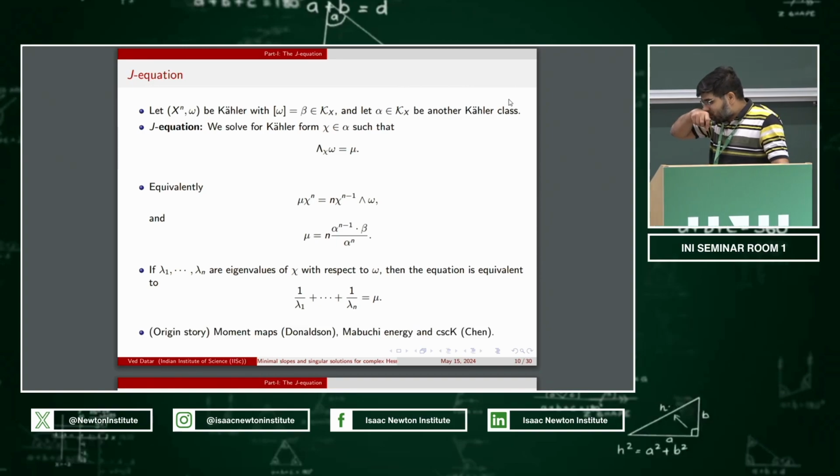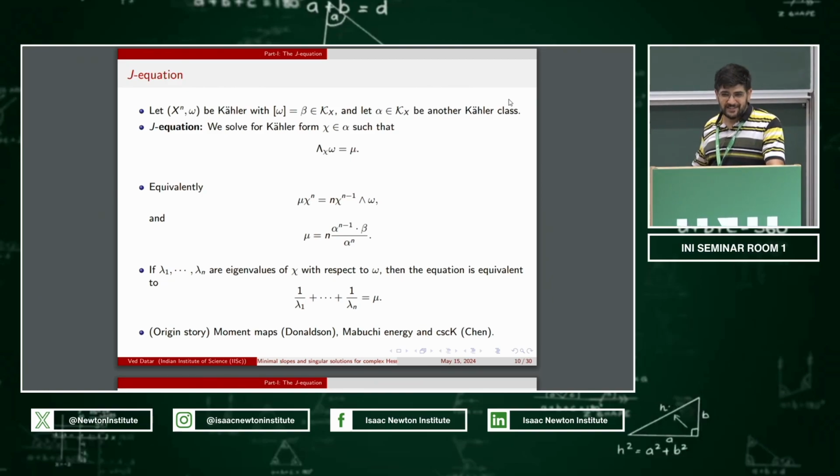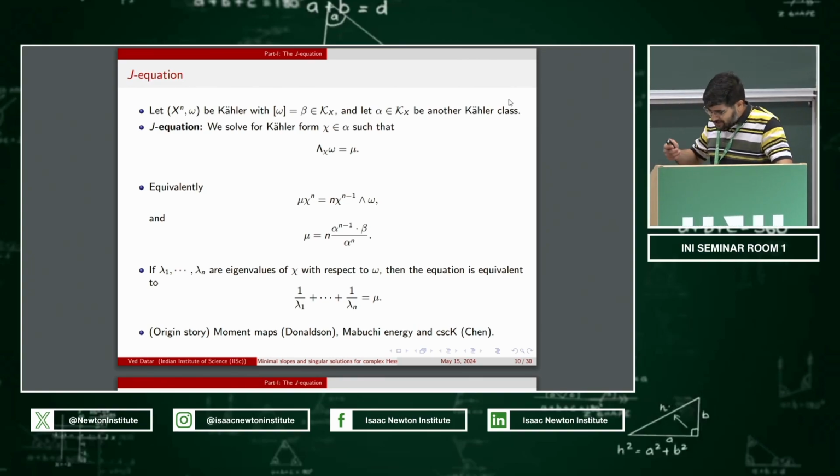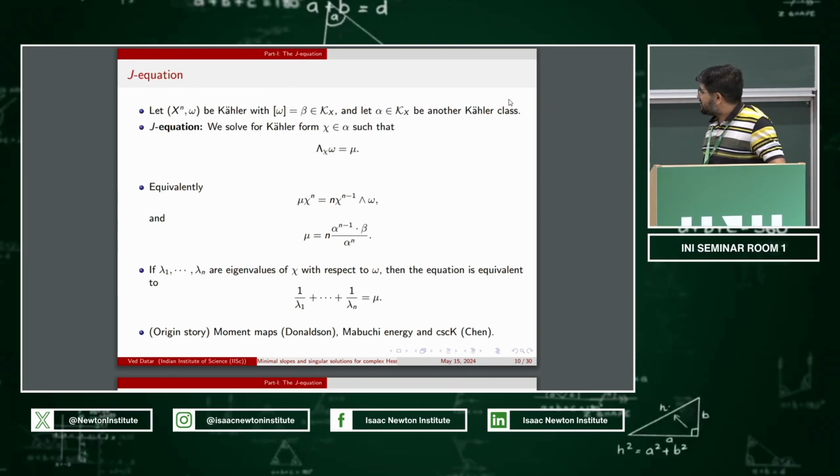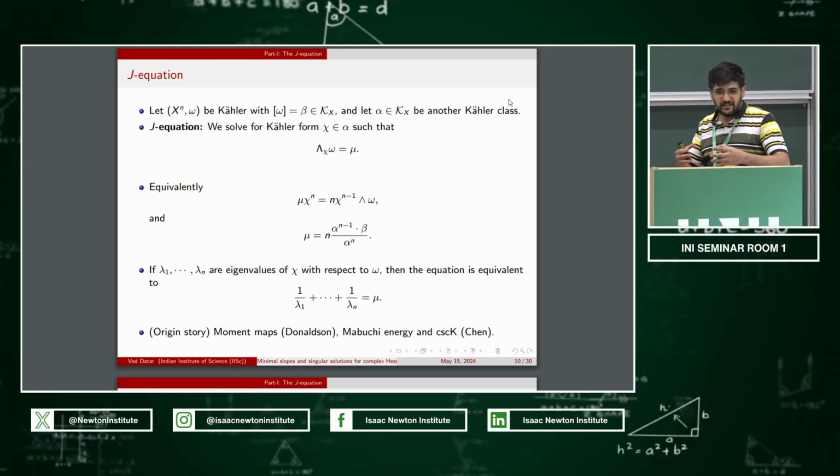So the origin story, I'm not going to go into that, but I just wanted one line so that it can connect to the theme of this workshop. The origin story is an article that Donaldson wrote on moment maps and diffeomorphisms, and then another perspective on this equation was brought in by Chen and possibly also Chen Tian when one writes the formula for the Mabuchi energy, the decomposition formula.